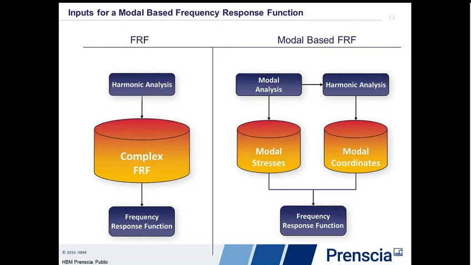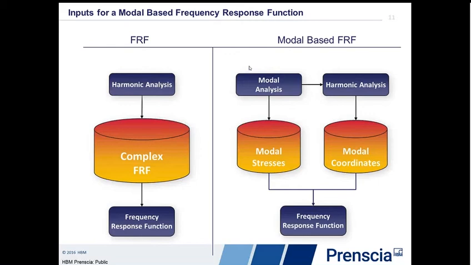In that case, we can split the frequency response function into two pieces. I'm going to run a steady state dynamics or harmonic analysis, solution 111, but the first step is to run a modal analysis. The modal analysis looks at the structure in terms of stiffness and mass and gives me the natural frequencies and the mode shapes.